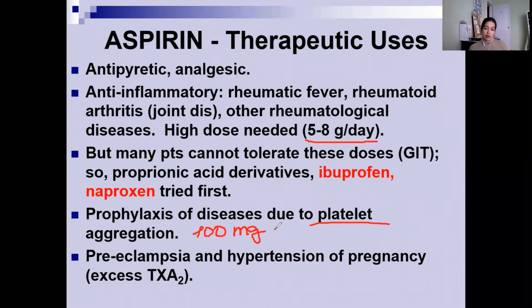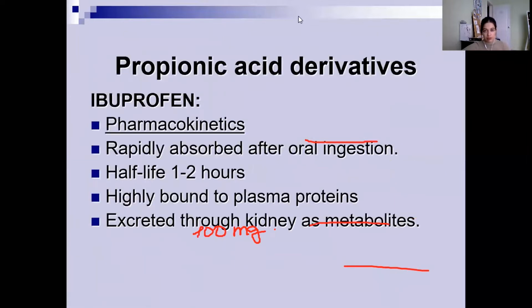And in preeclampsia and hypertension of pregnancy, sometimes, if you are sure that this will not be a long use, not to make a threat to the fetus. So here you should be very careful with administration to pregnant women.